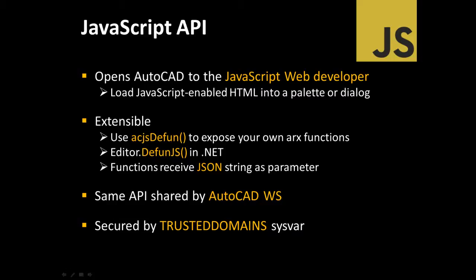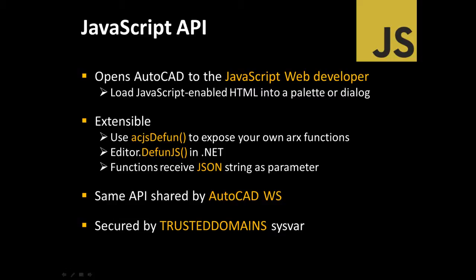So we are a little bit in the same situation that we were when the .NET API was introduced. It means that the coverage of this JavaScript API is not 100% compared to what ObjectARX or .NET are capable of.